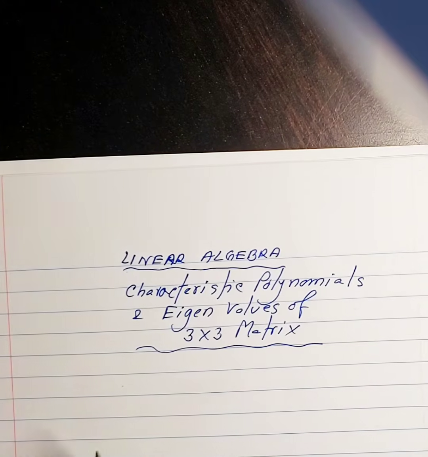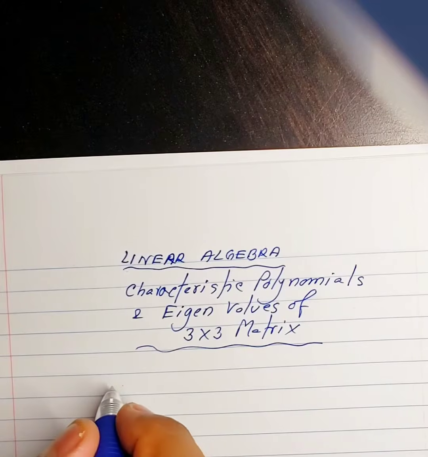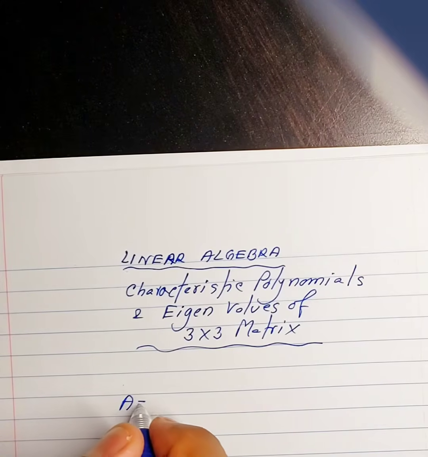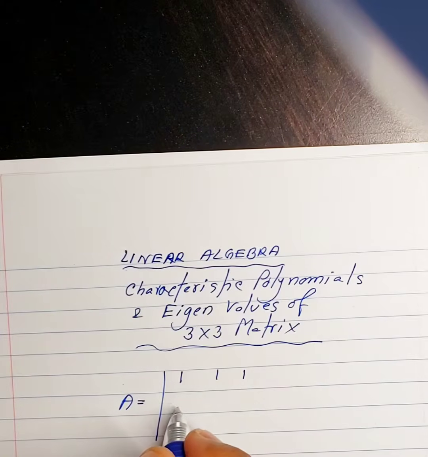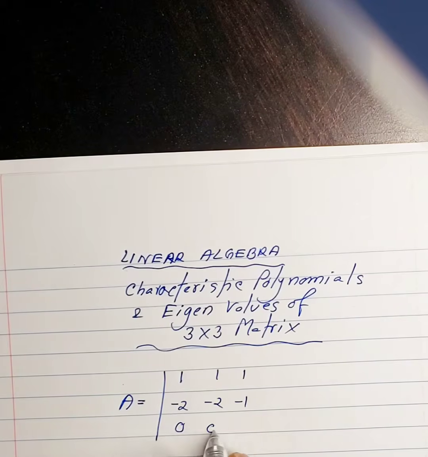For example, suppose you have been given a matrix A, which is 1, 1, 1, minus 2, minus 2, minus 1, and 0, 0, minus 1.